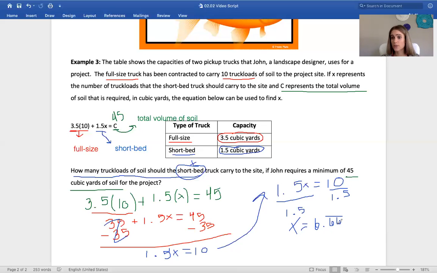I would need to round up because if I am having this extra, it's not going to fit in that short bed truck. So I would need a 7th truck to be able to fit all of the cubic yards of soil. Dirt, soil. So our final answer is x is equal to 7 short bed trucks.